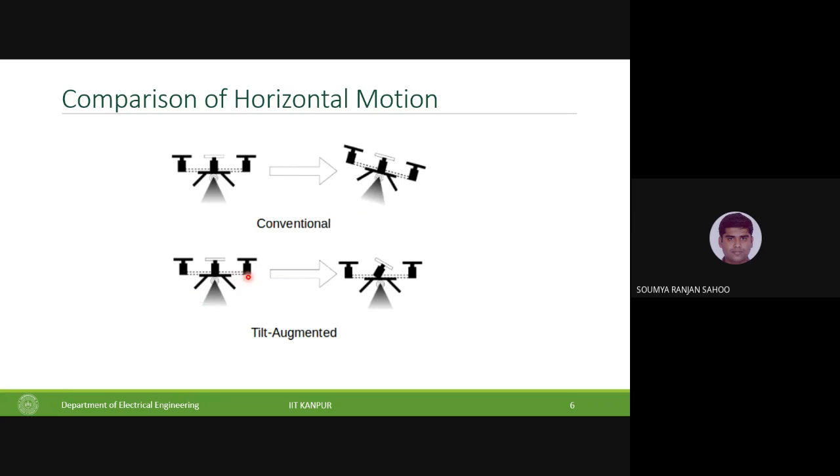But in this case, instead of tilting the quad, you tilt the rotors in the direction in which you want to go. Observe this side view of the rotor here, the one with the white colored blade. To move in the direction shown, it tilts itself. Because of this tilt, you are tilting the thrust vectors and you don't need to tilt the pod.